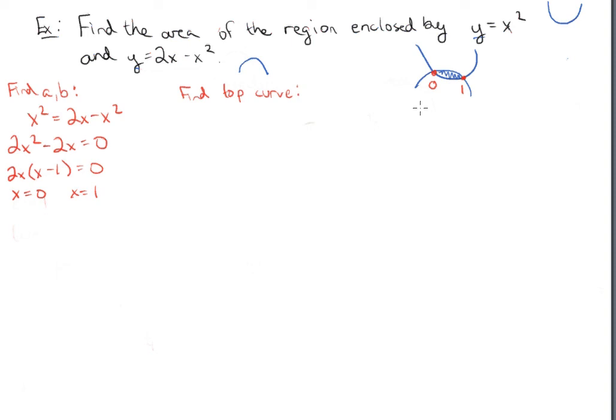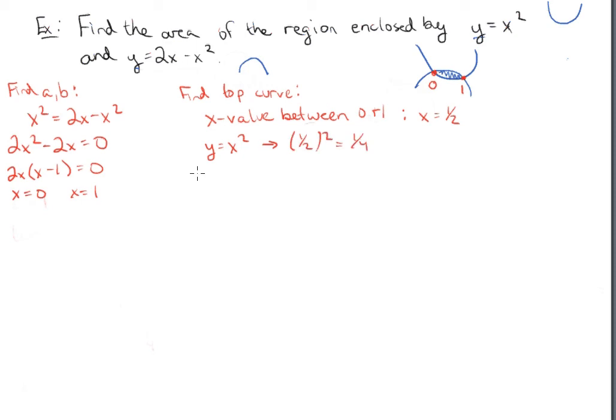Now, I could just look at this little rough picture I've drawn to figure out which curve is on top, but I want to show you this other way. So I need an x value between A and B, so between 0 and 1. I'll pick x equals a half. Put it in my two functions. Y equals x squared, I get 1/2 squared.